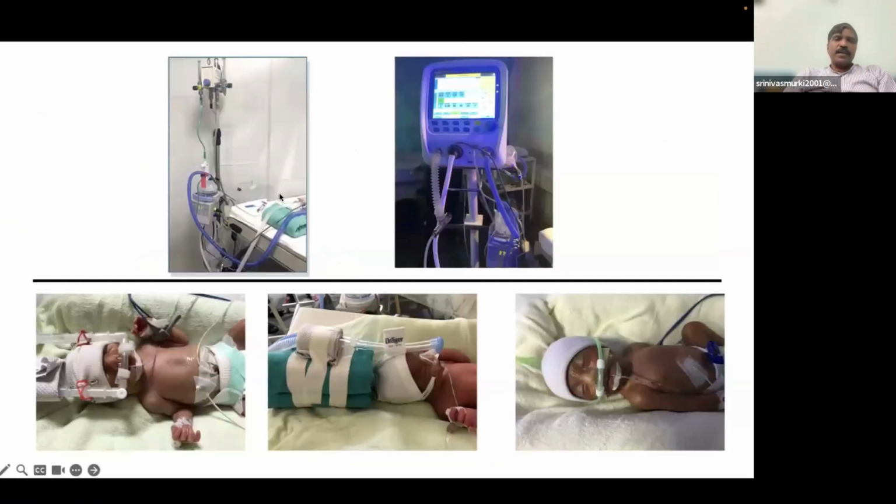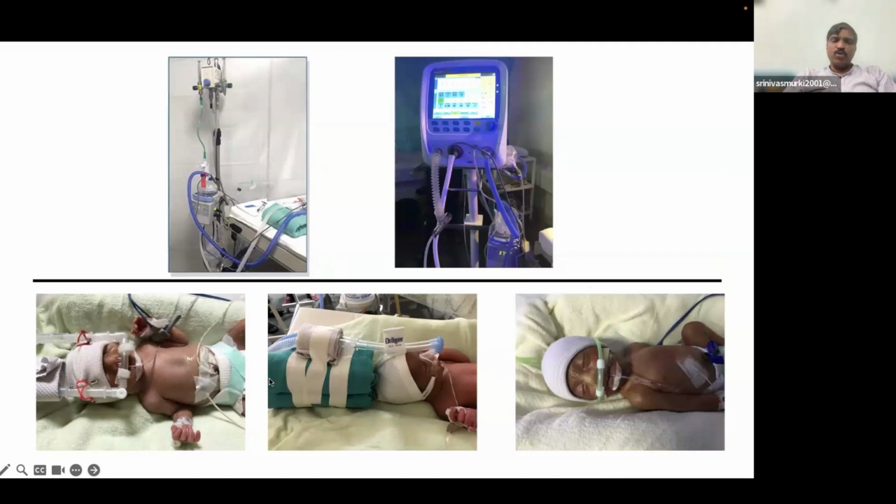Now you can give CPAP either with a bubble CPAP machine like what is seen on the left, or you can give it with a ventilator. But we prefer bubble CPAP because it's cost effective, flows are well regulated and easier to do. And when you want to give CPAP, you can do it with any one of the 3 interfaces which are shown here. You can use Hudson prongs, you can use a mask, or you can use Ram's cannula.